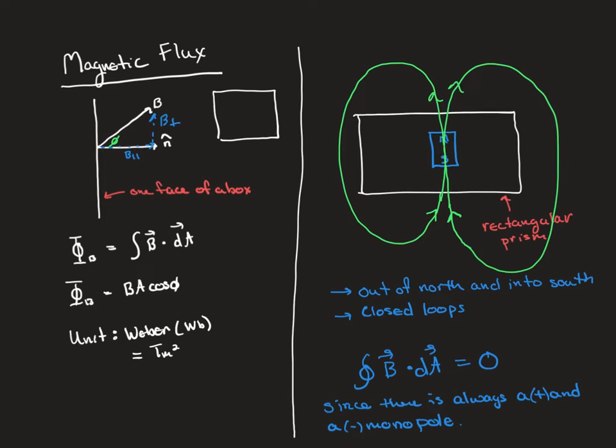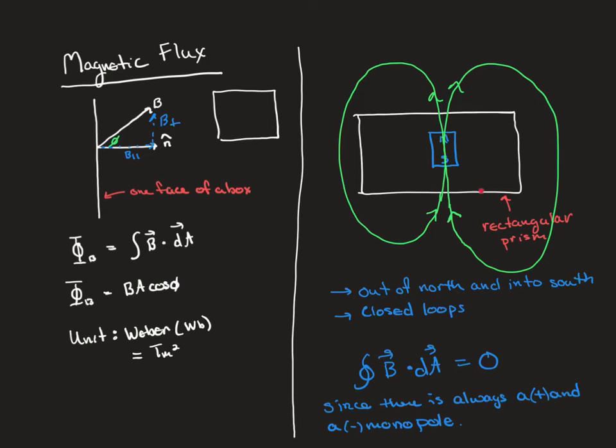This is different than with electric fields because we could have a Q enclosed that was a net Q enclosed. So we could have 3Q in there by itself, or you could have 3Q and 2Q and end up with a Q enclosed of a positive Q. Here, we're always going to have a north and a south pole no matter what we try to stick inside of our enclosed surface.